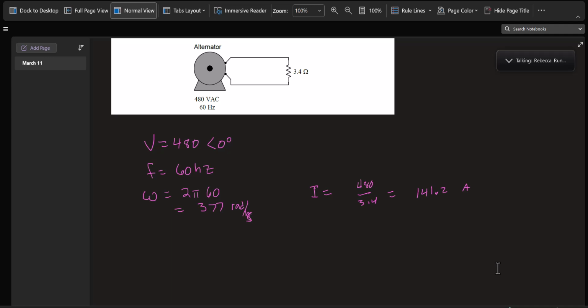Now, our apparent power is S equals IV. That's if we already have root mean square, which it doesn't say that we do, but we can assume that we do in this problem.